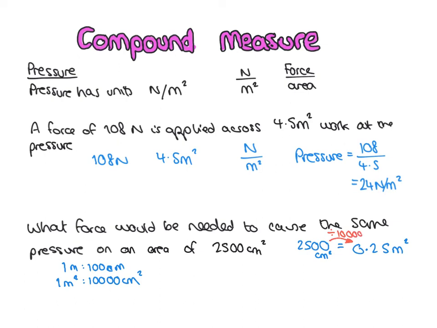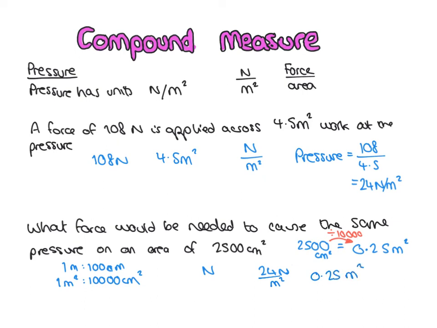So now we've got 0.25 metres squared. We want to end up with a force, so we want to end up with newtons. We've got 24 newtons per metre squared. Let's write that as newtons divided by metre squared, and we've got 0.25 metres squared.